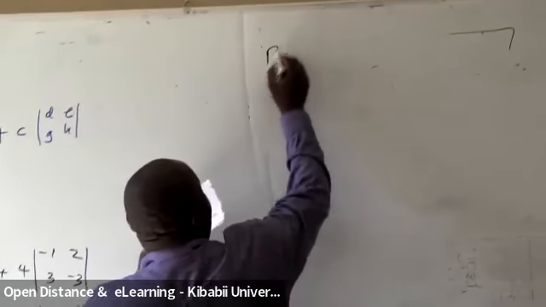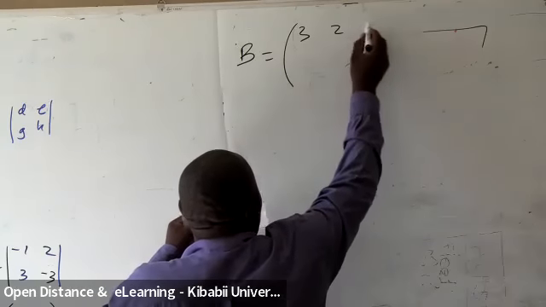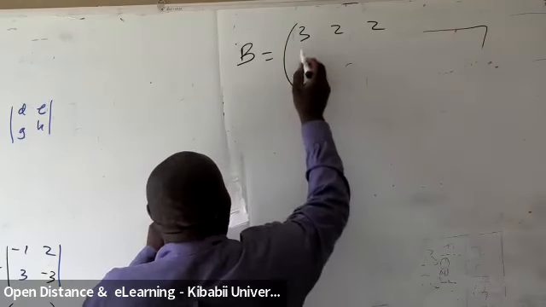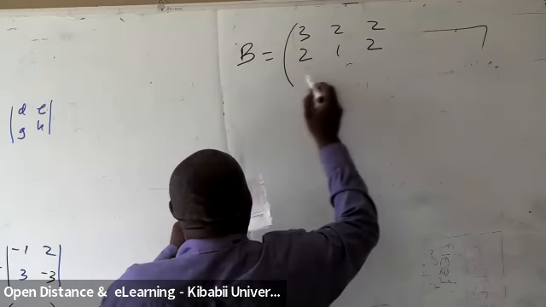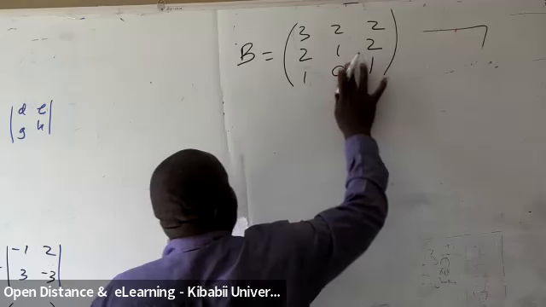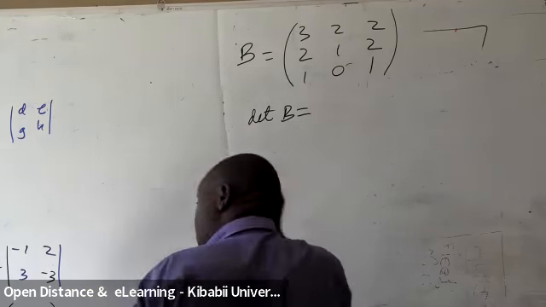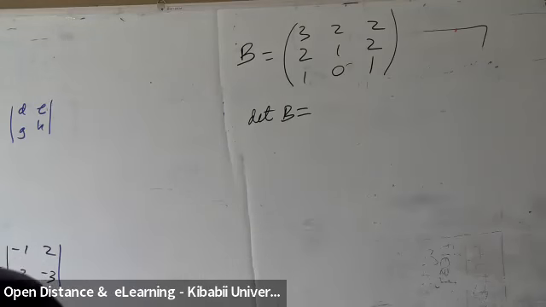Say matrix B defined as 3, 2, 2, 2, 1, 2, 1, 0, 1. Find the determinant of B using the same process.